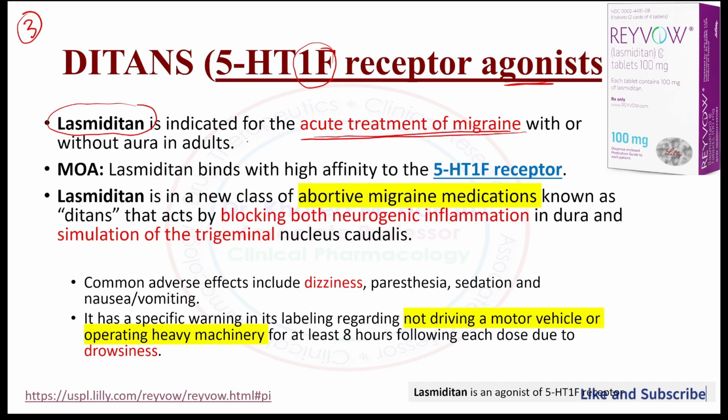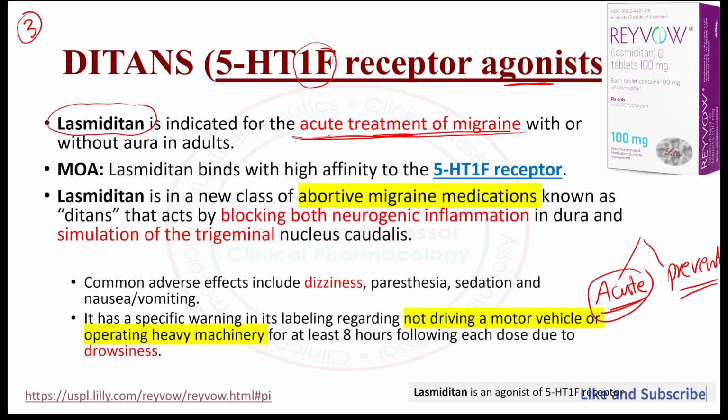Here we need to differentiate between acute treatment and prevention. So we have two cases, acute treatment and prevention. From the beginning until now, we have ergotamine, triptan, and lasmiditan. All these medications are used for acute treatment.